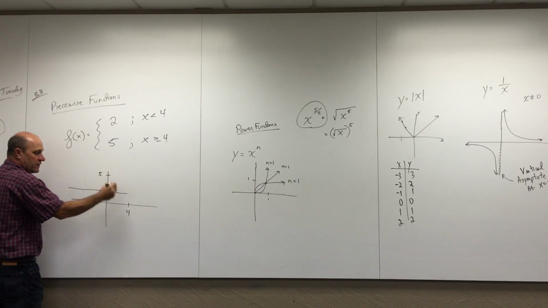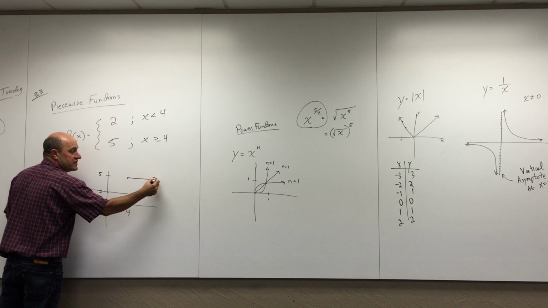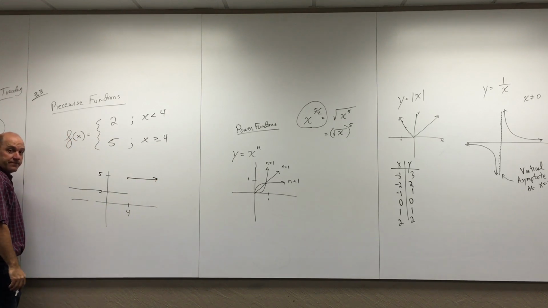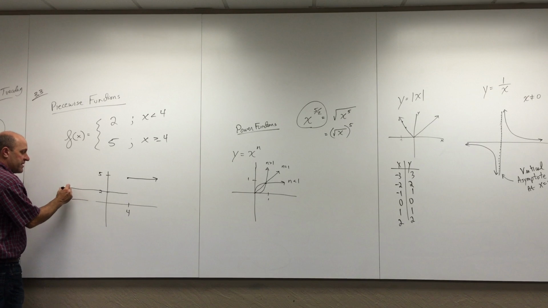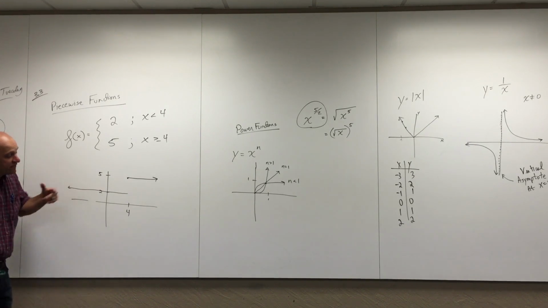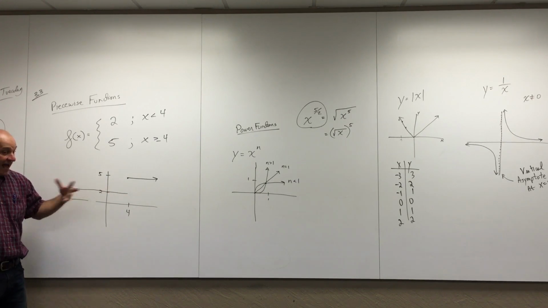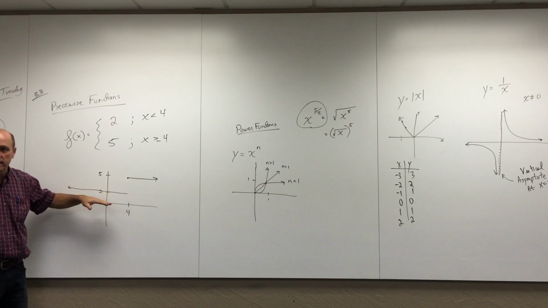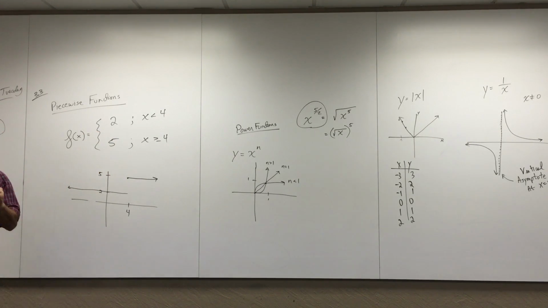Starting at 4 and to the right, my y value is 5. So this is a picture of a piecewise function. First of all, it's discontinuous. It has a big break in it. It breaks and jumps up here. That's what a piecewise function might do.